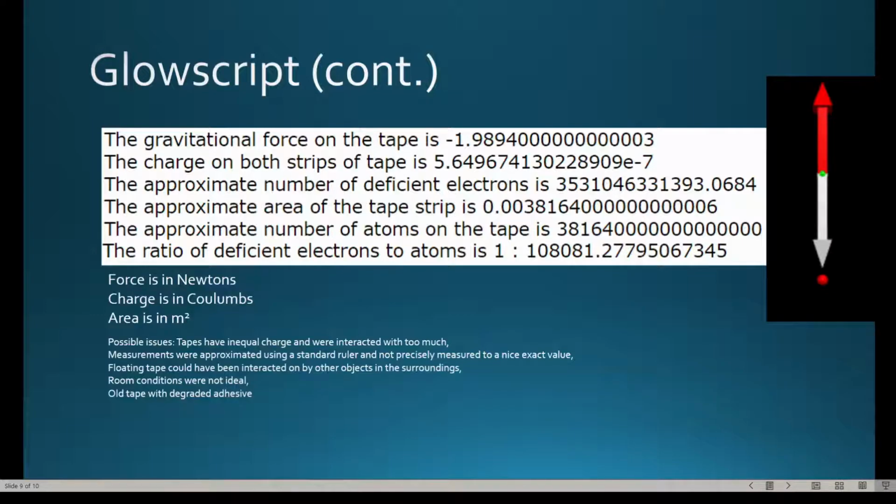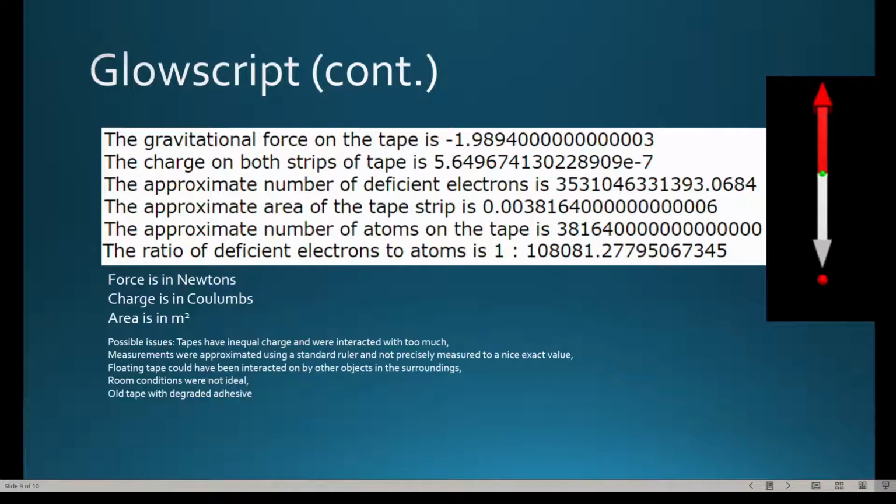The approximate area of the tape strip is 0.0038 meters squared. The approximate number of atoms on the tape is 3.82 times 10 to the negative 16th. And the ratio of deficient electrons to atoms is 1 to 110,000, roughly. The force is measured in newtons, charge in coulombs, and area in meters squared.